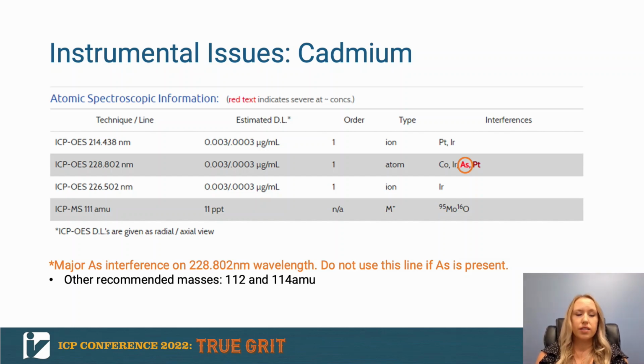So again, if you are conducting an analysis of the big four, we recommend looking at other lines for both cadmium and arsenic. And then for mass spec, you are going to have the molybdenum interference at the 111 mass. So we recommend looking at the 112 and 114 masses as well to make sure that you're not getting any interferences on any of those masses.